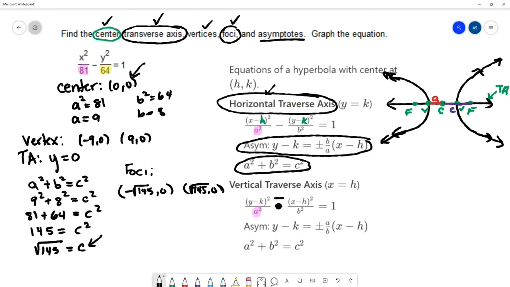So as I was saying earlier, the value of b is a little bit hard to see on the graph.